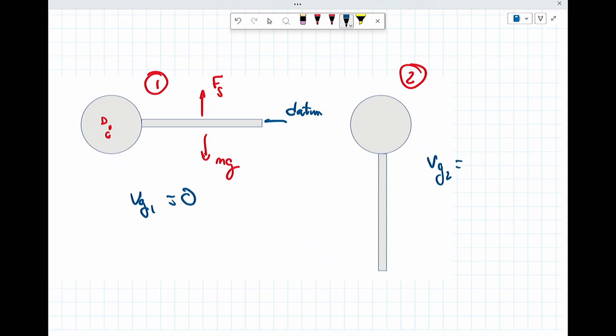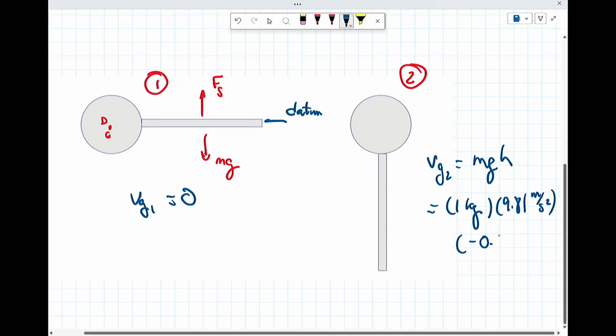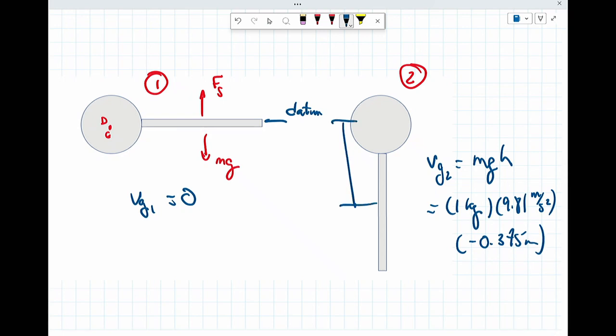Vg2 is mgh, 1 kilogram, 9.81 meters per second squared, negative 0.375 meters. So this distance is going to be L over 2 plus R. As it drops, it's going to drop with respect to the datum by that distance, so I put that down as a negative. Vg1 I set to 0.